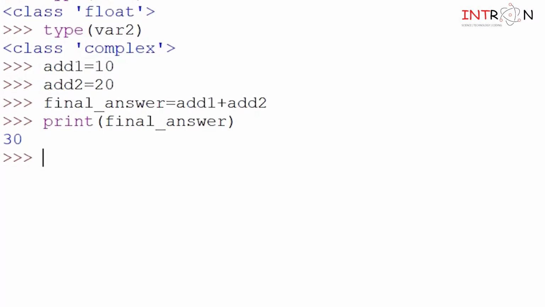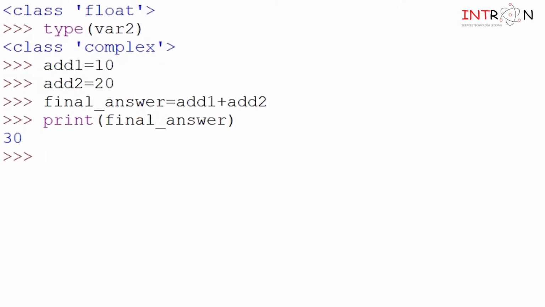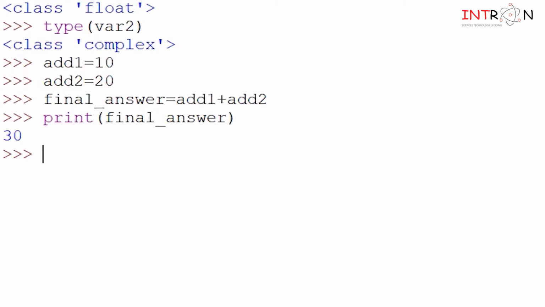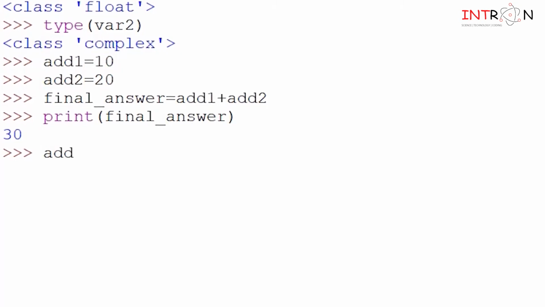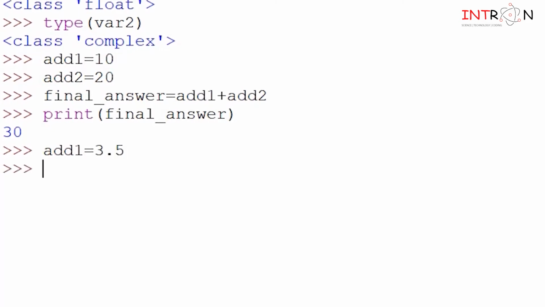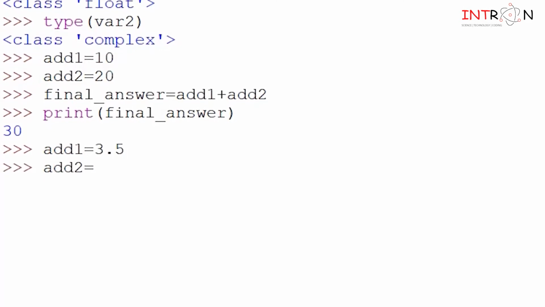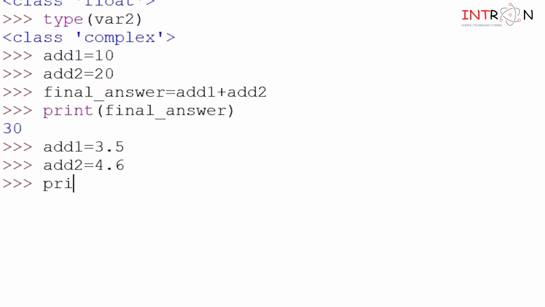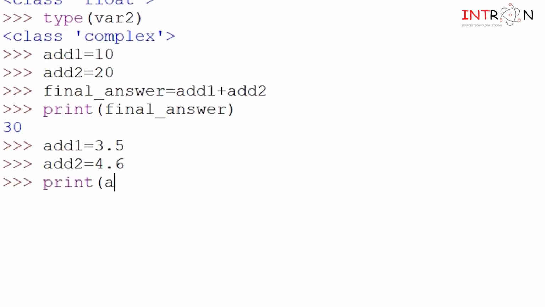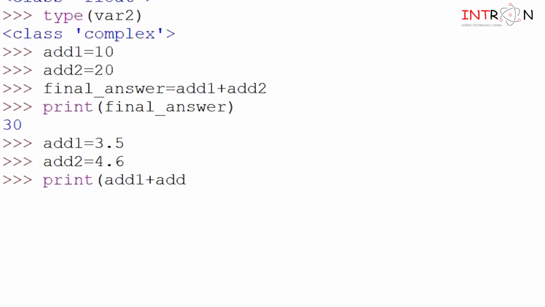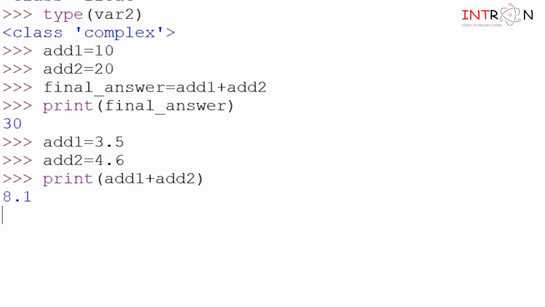Now let's see what operations we can do on a float. You can do addition, multiplication, division in float also. I will show one basic example to understand. I'll take add1 as 3.5 and assign add2 a value like 4.6. In this way, or you can also add directly in the print function, 1 plus 2.